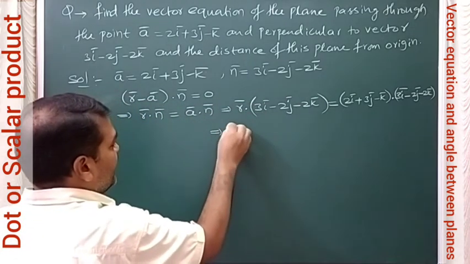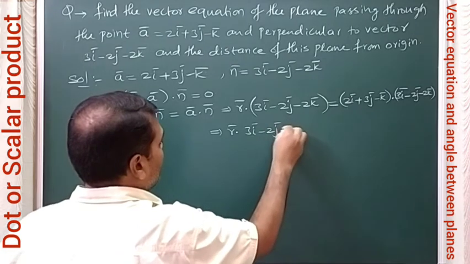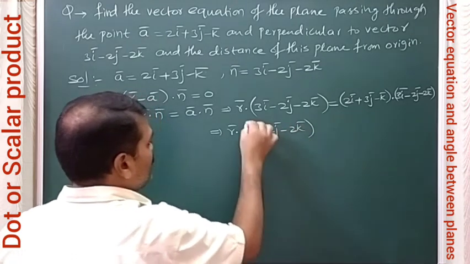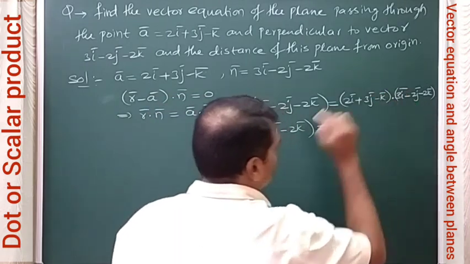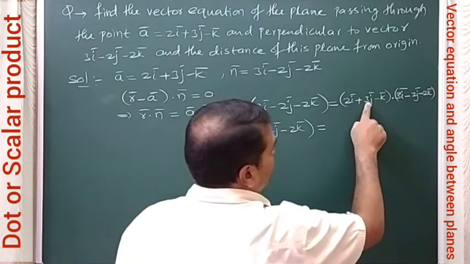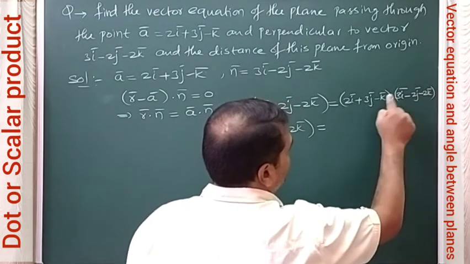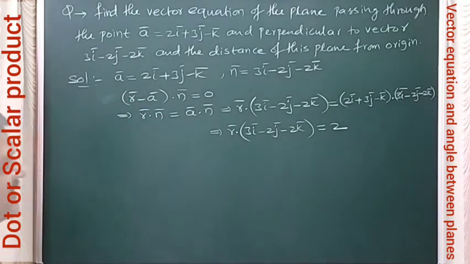Therefore you will get r bar dot (3i bar minus 2j bar minus 2k bar) is equal to the dot product of these two, so you will get 6 minus 6 cancels, plus 2. So this is the vector equation of the plane.